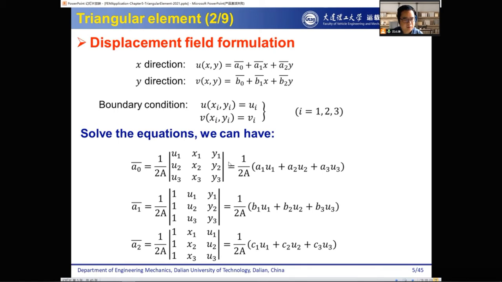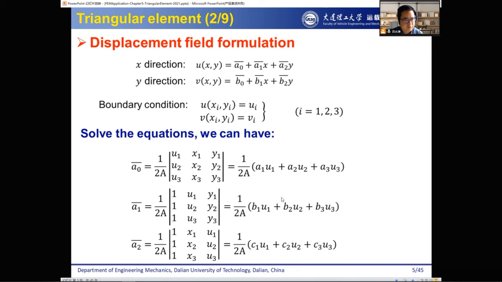We put the boundary condition back into those formulas, and then we use the node displacements like u1, u2, u3, and v1, v2, v3 to express the coefficients in the displacement field function. This is mathematics, so you should try yourself or practice yourself whether you can get those or not.